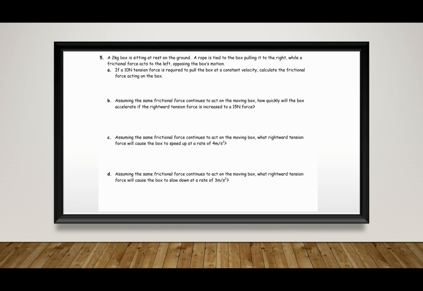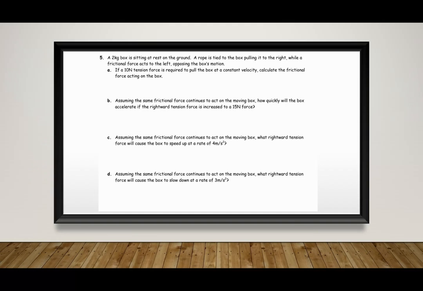And then our last problem for today, we're looking at a box sitting at rest on the ground. We have a rope tied to the box pulling it to the right, while a frictional force acts to the left because frictional force opposes the box's motion.